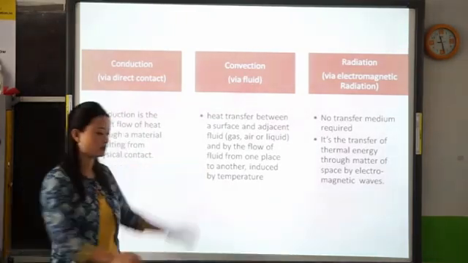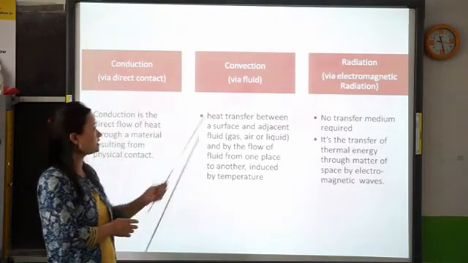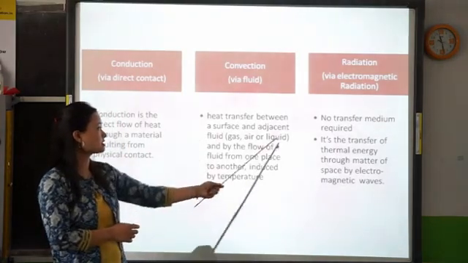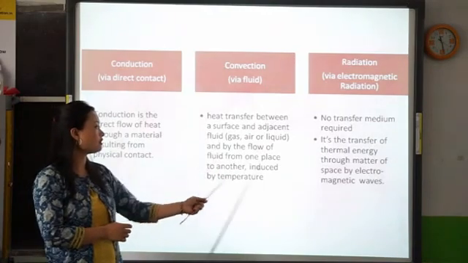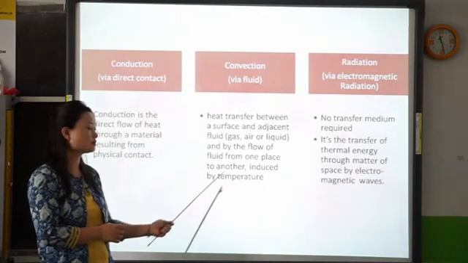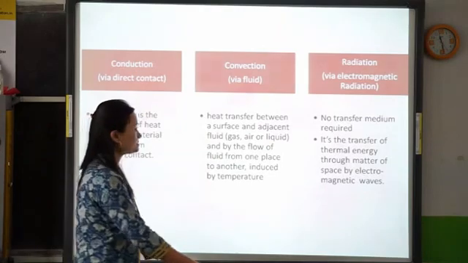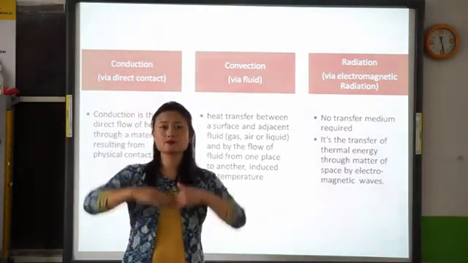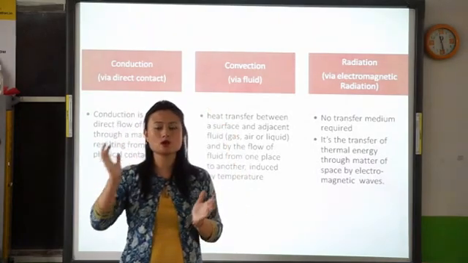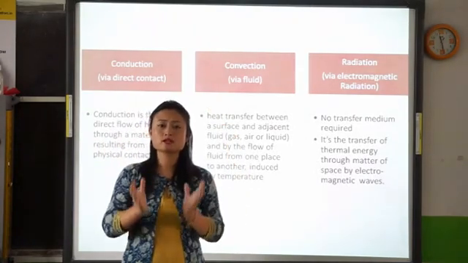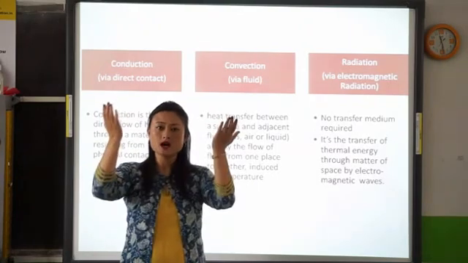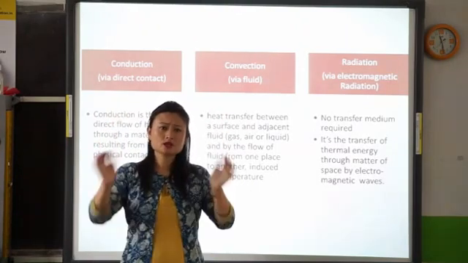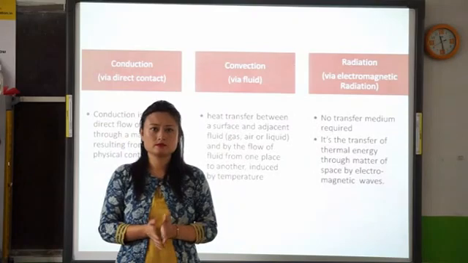Another one is convection. Convection is heat transfer between a surface and an adjacent fluid, by the flow of fluid from one place to another induced by temperature. Which means, in convection, the particles move from one place to another. The particles which get heated start rising up, and then the cold particles come down.